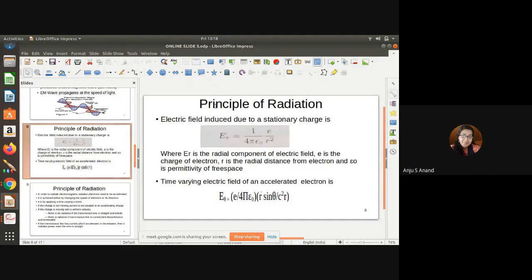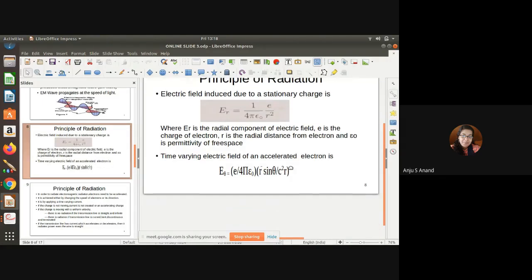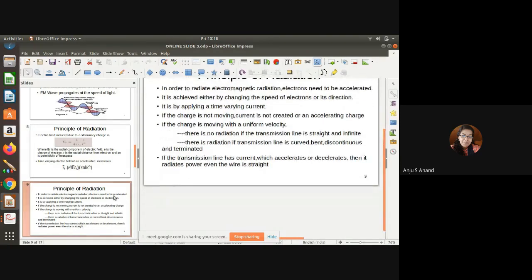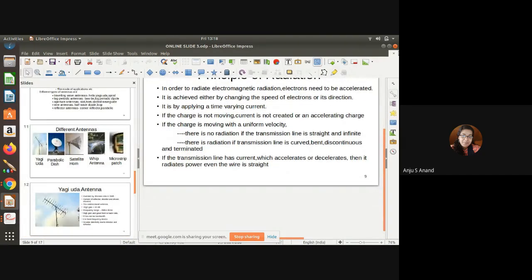We also discussed the equation regarding this electric field. No need to write all that, okay, because it's only a 3 marks question.